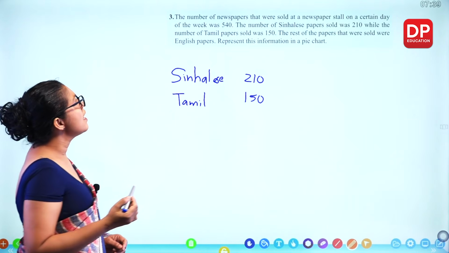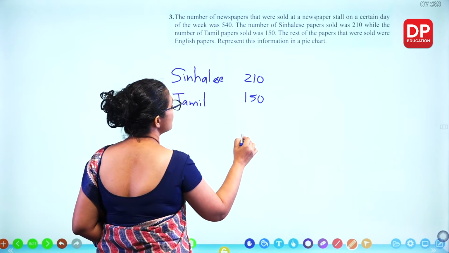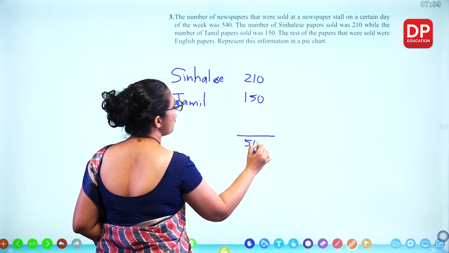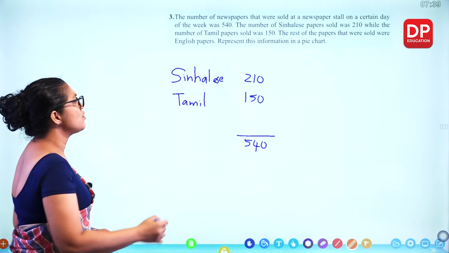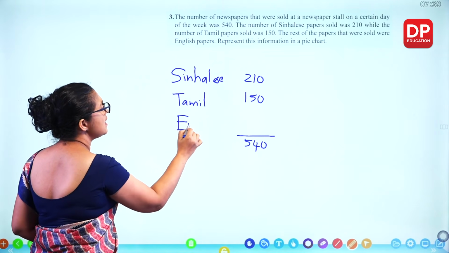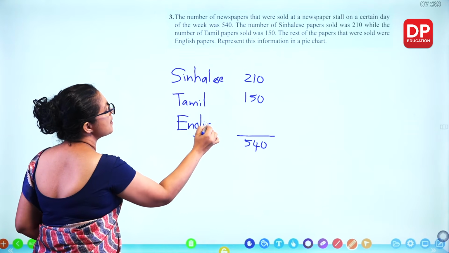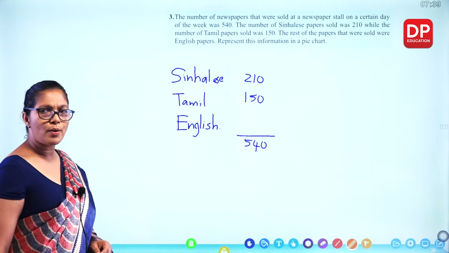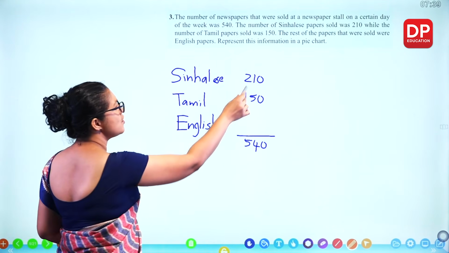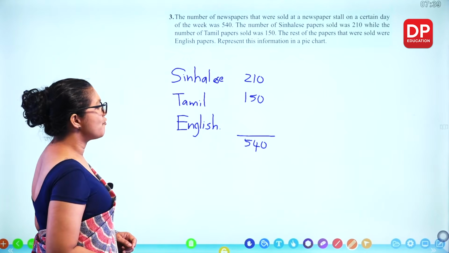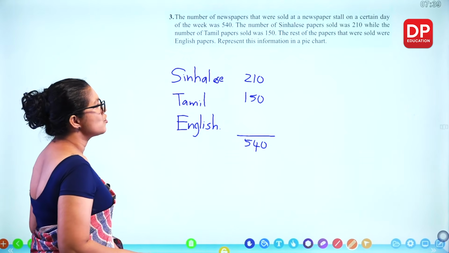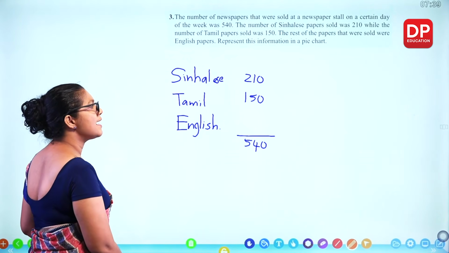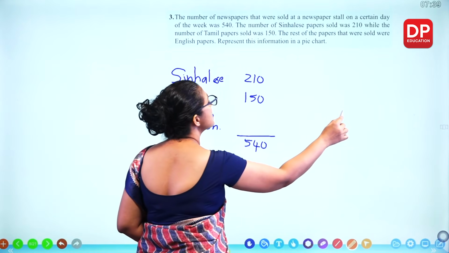So altogether, how many papers? There are 540 papers. So you need to find out how many English papers there are. How can we do it? We can add these two and subtract from 540. When you add 210 and 150, what do you get?